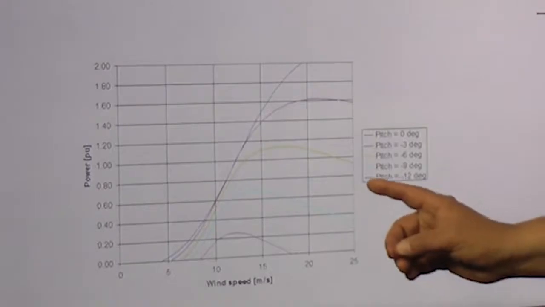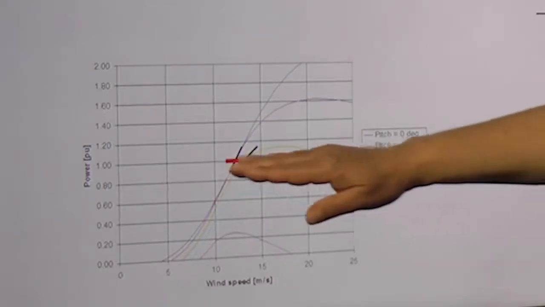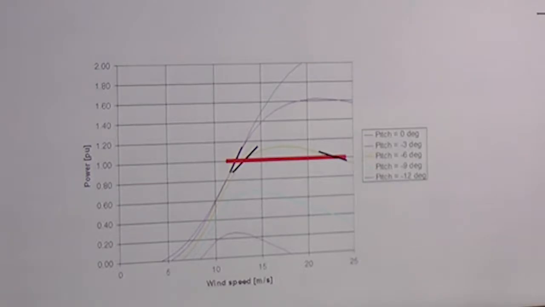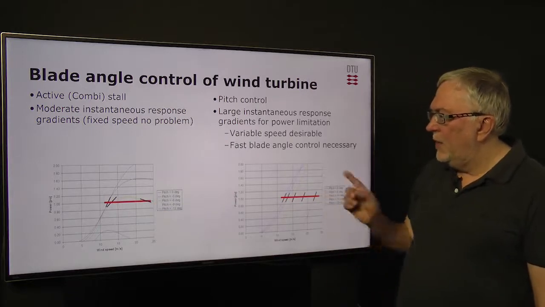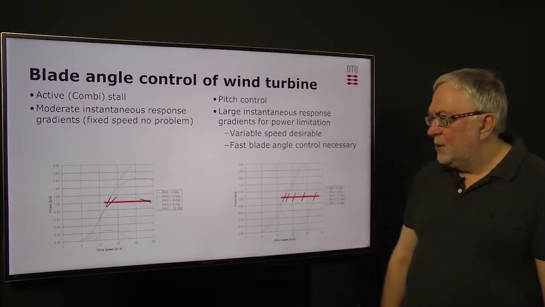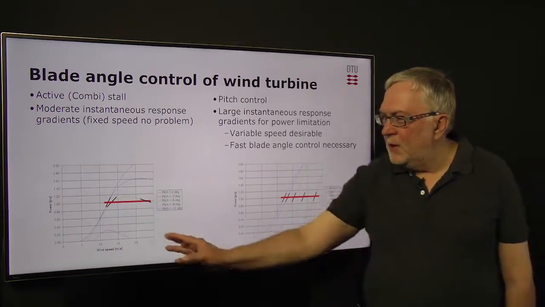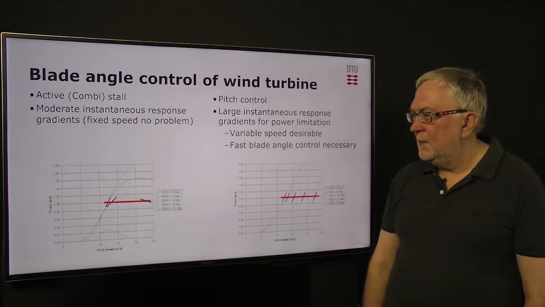And here we are turning the blade in the negative direction, as you can see from the values of the pitch angle. What we see here is that when we are limiting the power to the nominal value at high wind speeds, the slope is not at all as high as over here, and this means that the torque changes we will see when the wind speed is fluctuating are much smaller in this case.